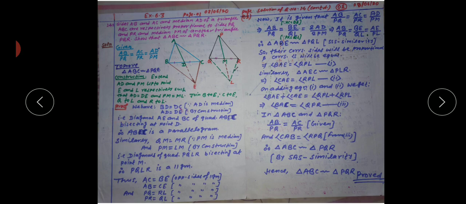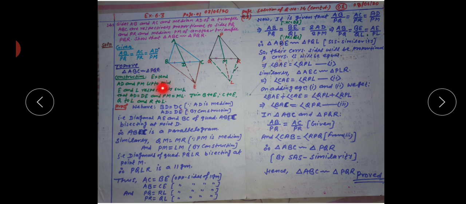Now, in the proof you have to write: we have BD is equal to DC, because AD is one of the medians of triangle ABC, and hence D will be the midpoint of BC. And AD is equal to DE by construction.